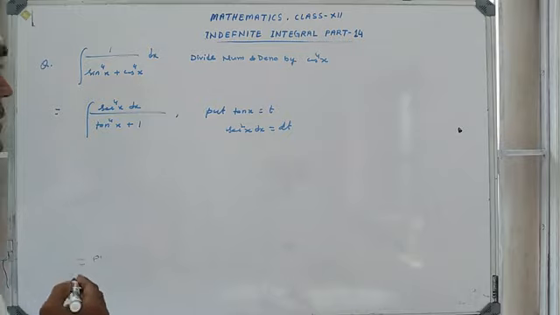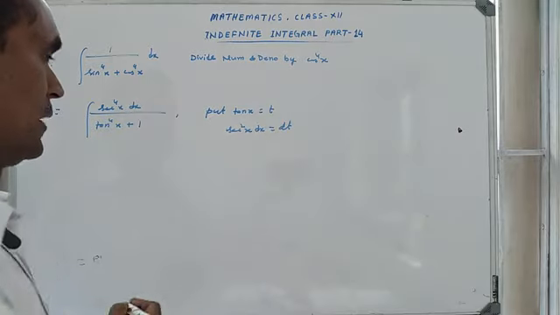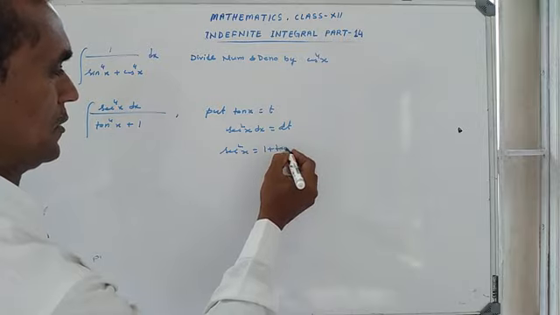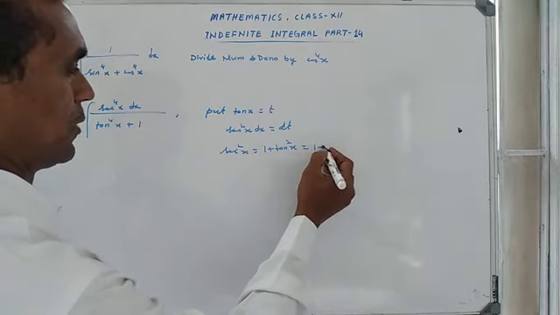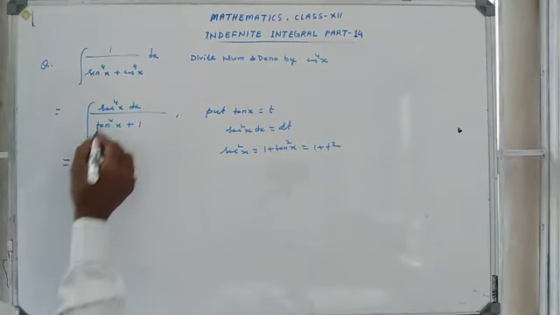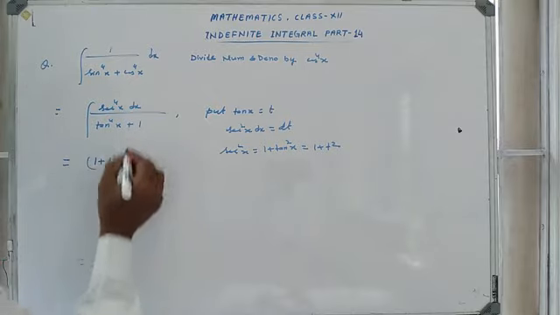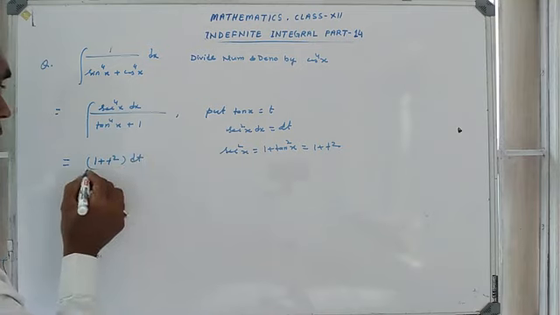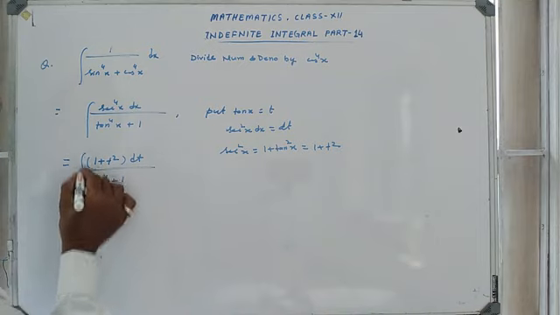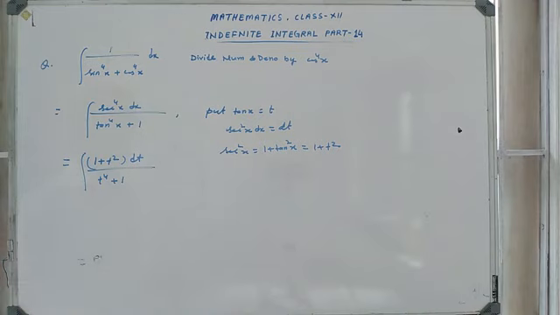So one sec square x will come here, and the other sec square x will be 1 plus tan square x, and tan is t, so 1 plus t square. So completely I have changed it in t. So 1 plus t square, and sec square x dx is dt. So dt by t^4 plus 1.